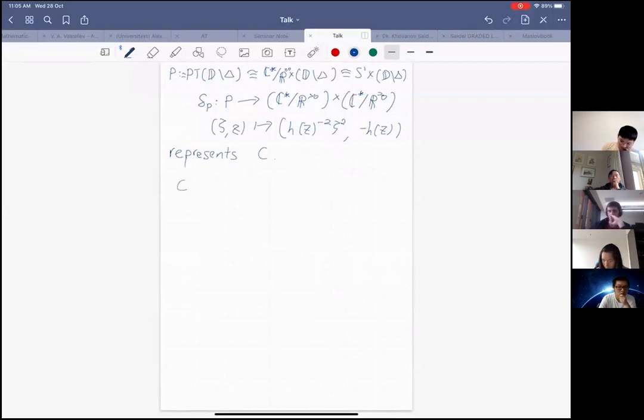So recall what C gave. C sends PT cross lambda W to -1 and 1. And then sends RP1 cross point 2, 1, 0.